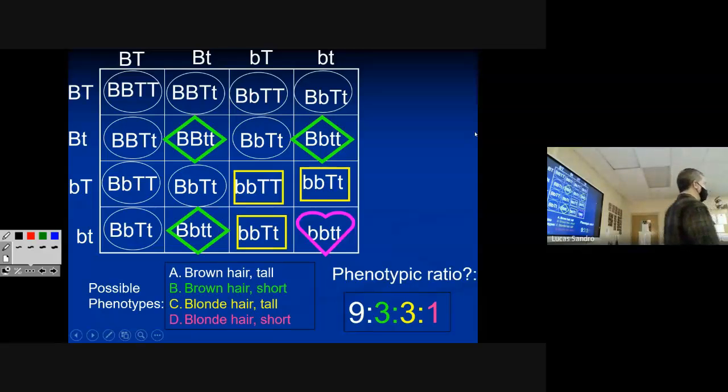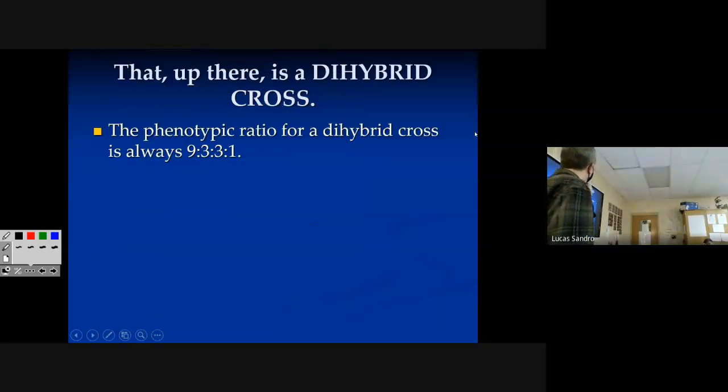We good? So that cross, that particular kind of cross, 2 traits and heterozygous for both traits in both parents, has a name. It is called a dihybrid cross, and you should write that down. As soon as you see that, once you get to know this well enough, you won't even have to do the Punnett square. You'll just know, hey, it's 9 to 3 to 3 to 1.